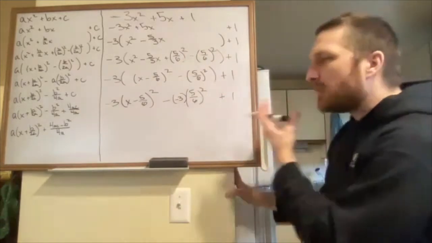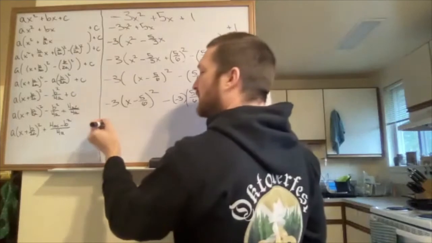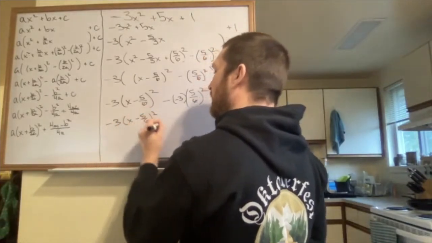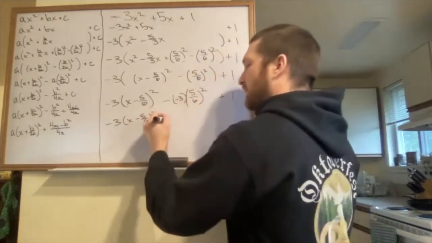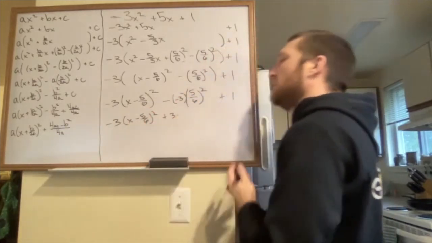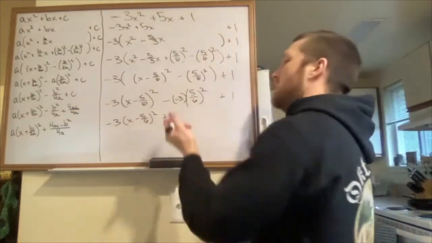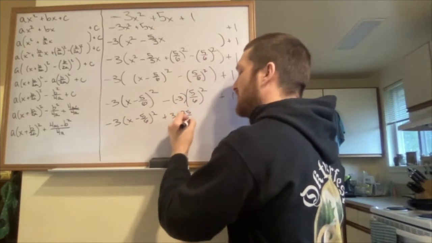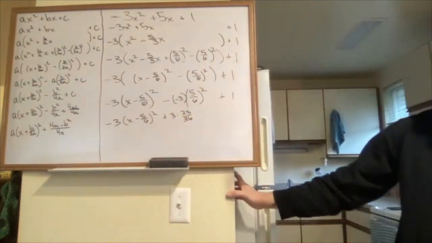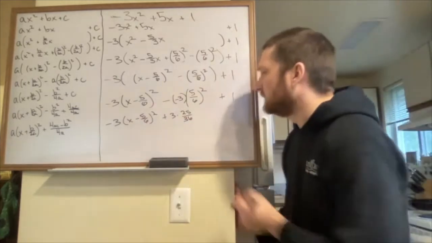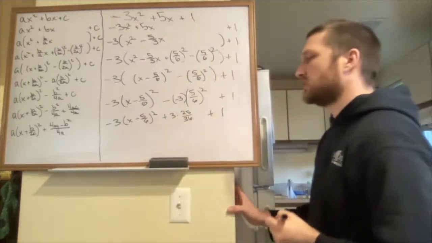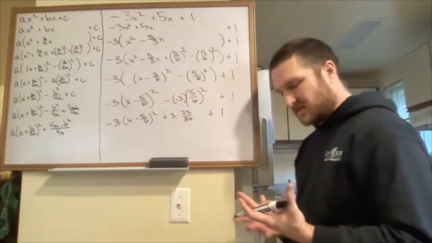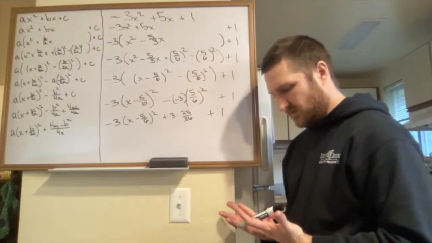Okay. A bunch of ways I could take care of this. I think the way I'm going to do it is like this. Minus 3 times x minus 5/6 squared. Minus minus is a positive. Plus 3 times 5/6 squared is 25 over 36. Plus 1, not forgetting about my plus 1. 36 is 3 times something. 12.